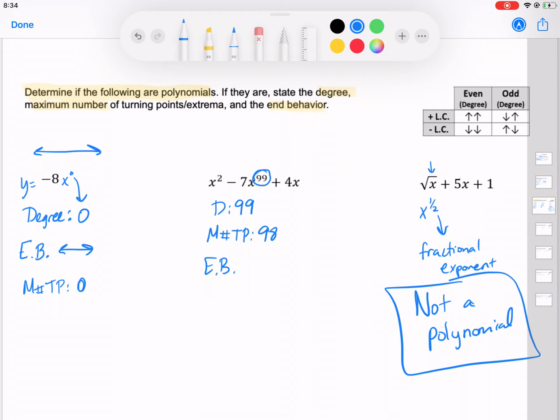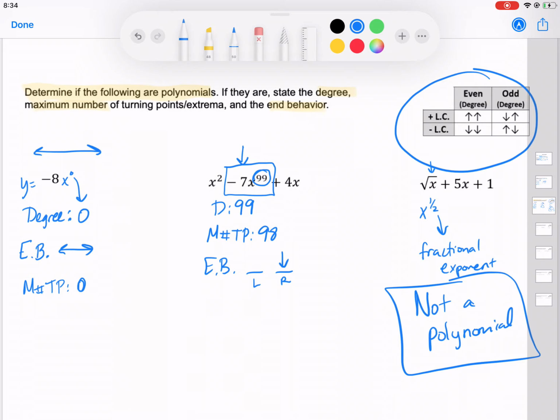You can use the little chart I have over here, which I'll show in a second, or you can just look at this term. The sign of the coefficient will tell you the left or the right arrow. You always choose the right. So the right side, since it's negative, is going to be going down. The degree is going to tell you if your left side is going to do the opposite or stay the same.